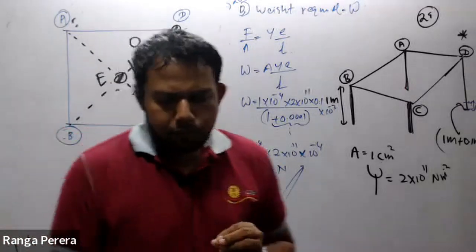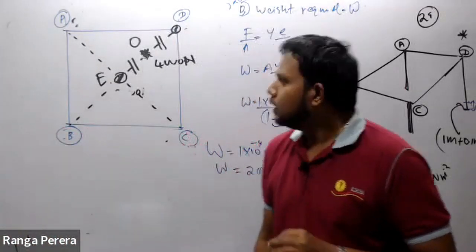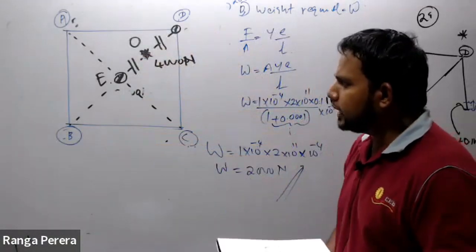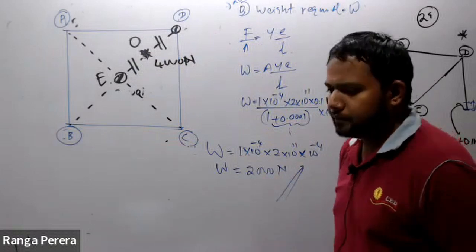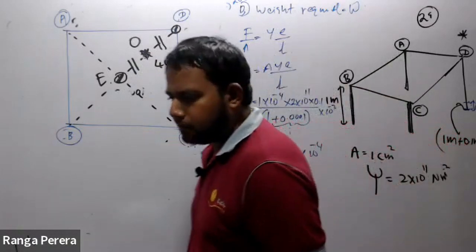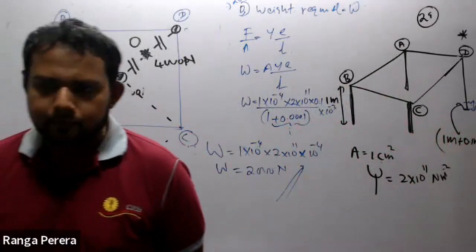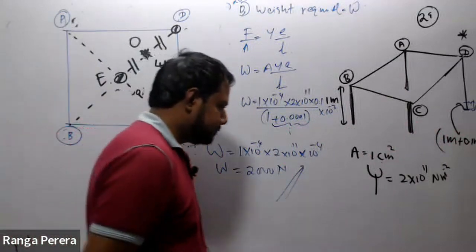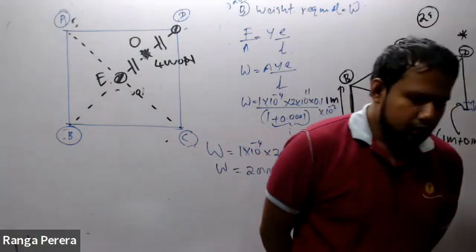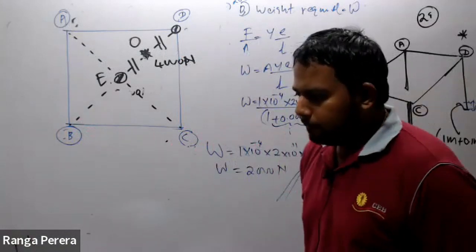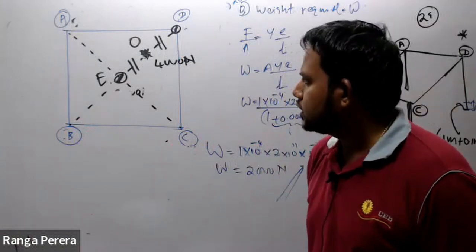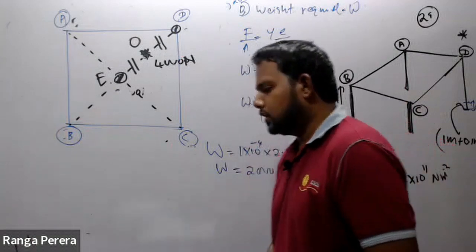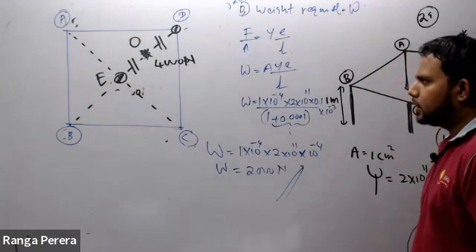We will write something more for the answer. For the legs A, B, and C, 500 Newton each is applied.